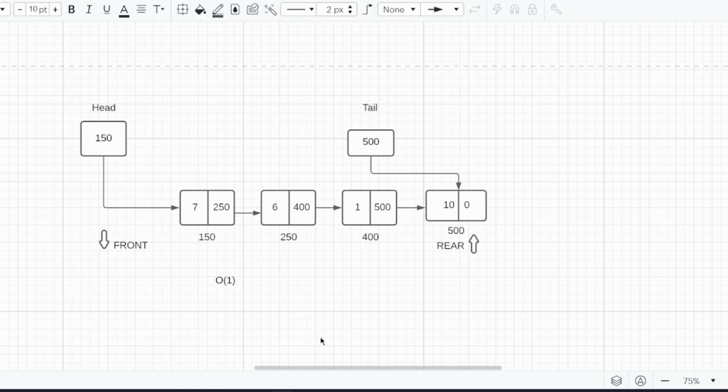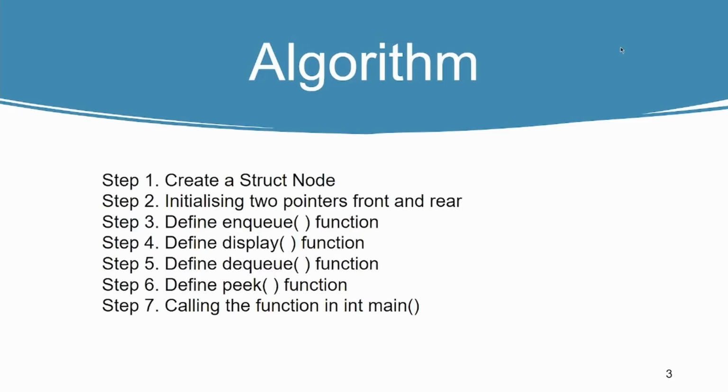And now we will see the algorithm. Before going to the code, we need to understand what we are going to do. First, in order to have a queue and a linked list, we need a node. So we would create a node using struct node. That is the first step. Second, we would initialize two pointers, front and rear, which are the head and tail of the queue.